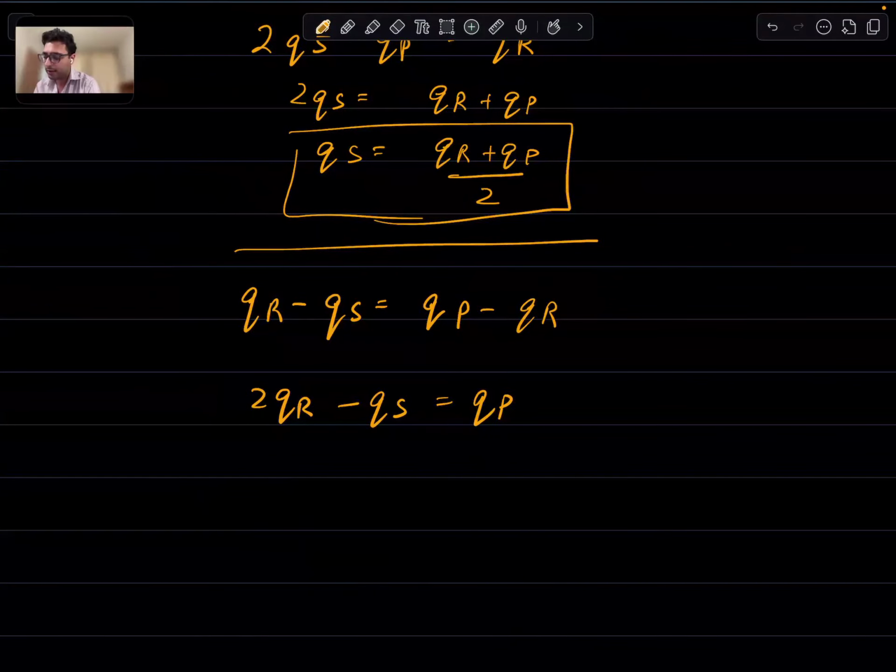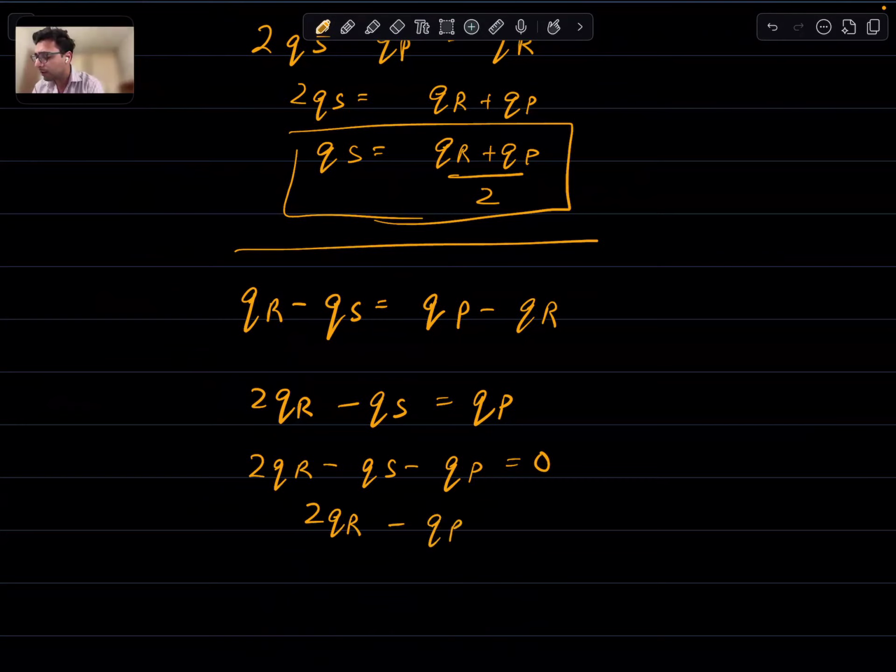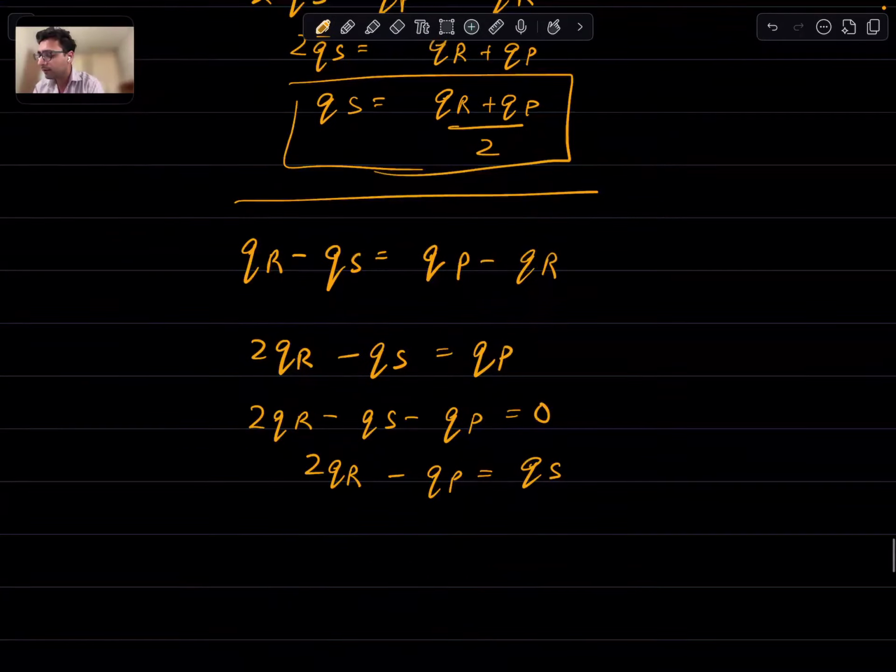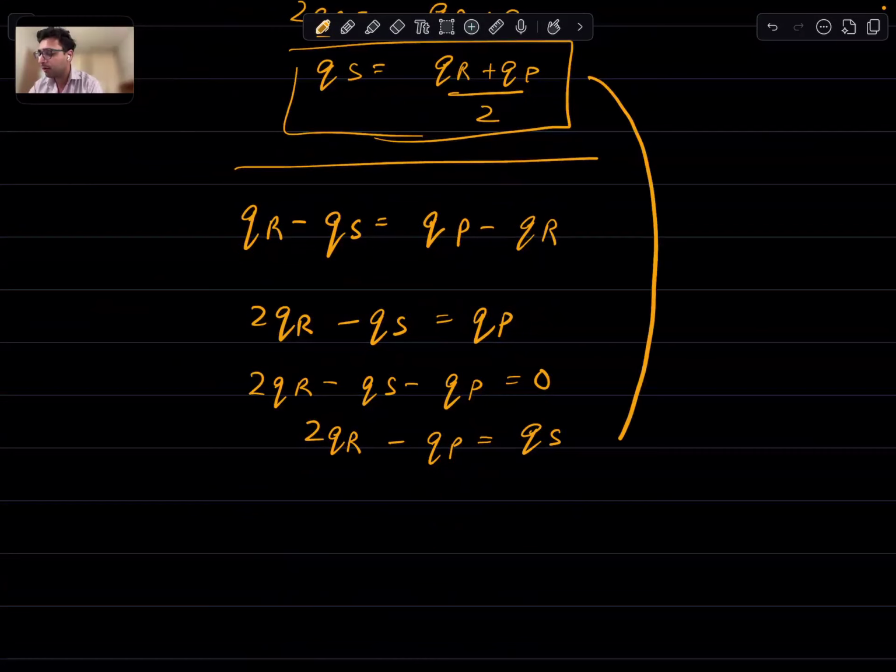Let's subtract QP from both sides. So that's 2QR minus QS minus QP equals 0. And now let's add QS on both sides. So we get 2QR minus QP equals QS. But from earlier, we know that QS is also equal to (QR plus QP) divided by 2.